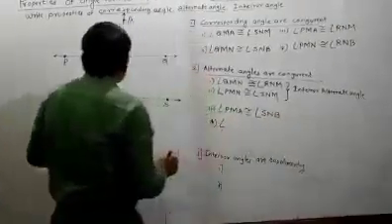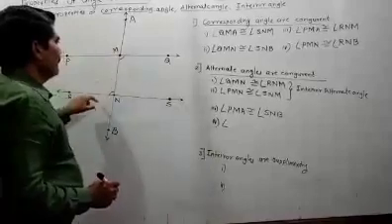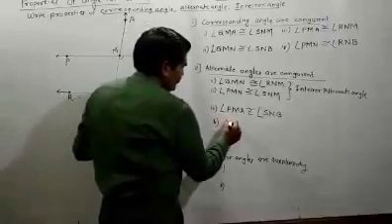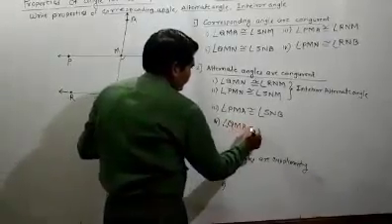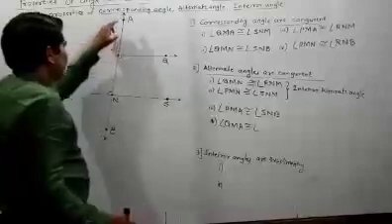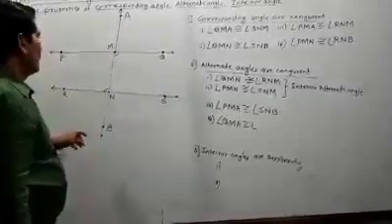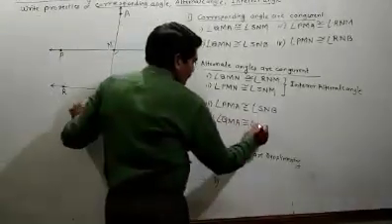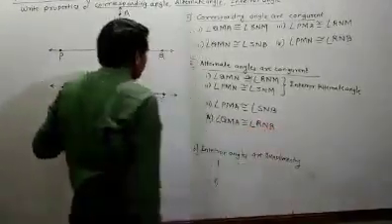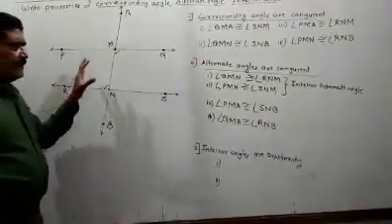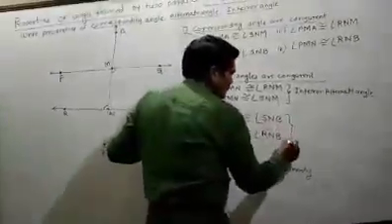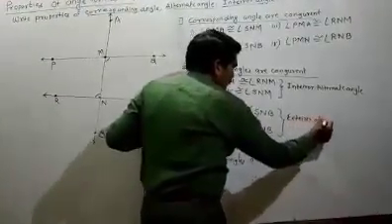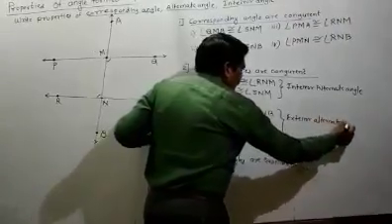And these and these are exterior alternate angles: angle QMA is congruent to angle RNB. Once again I will repeat. These are called exterior alternate angles.